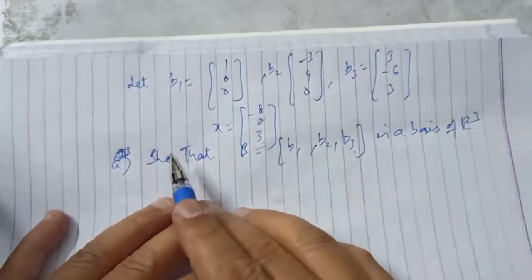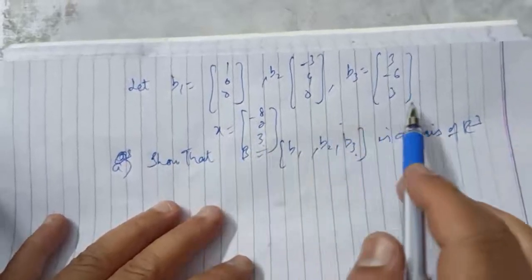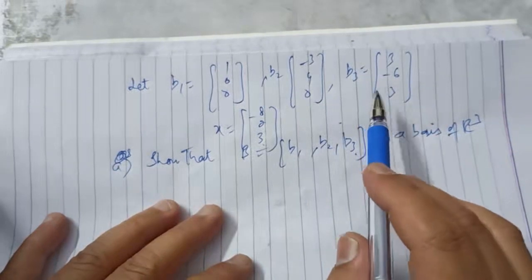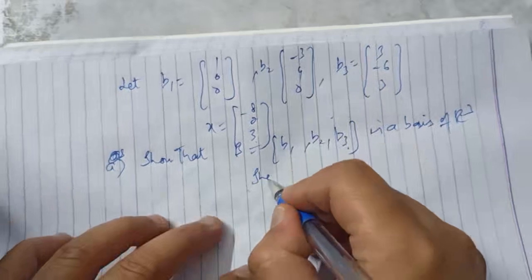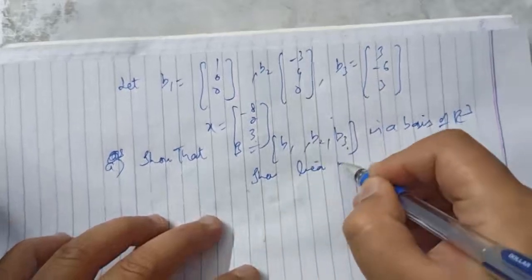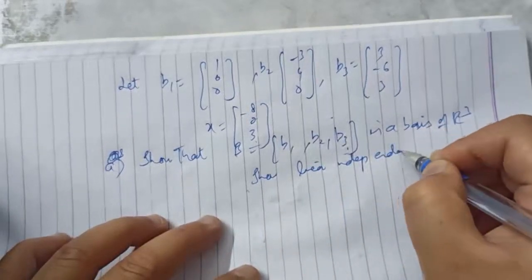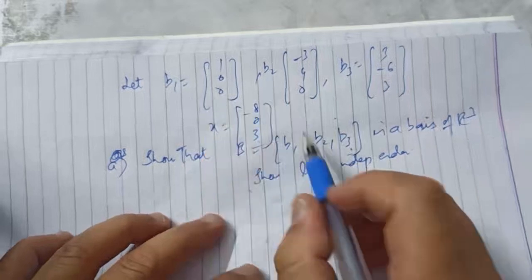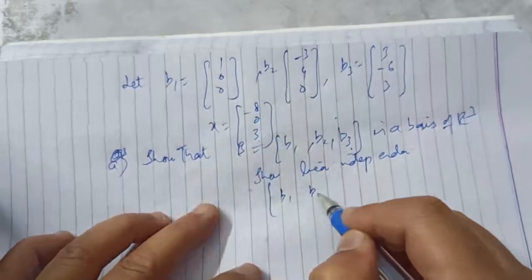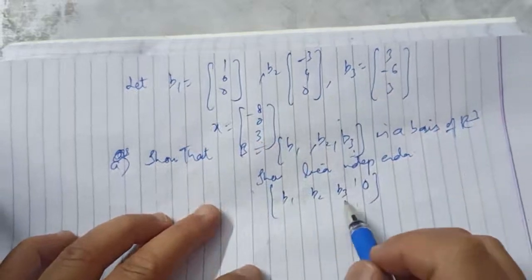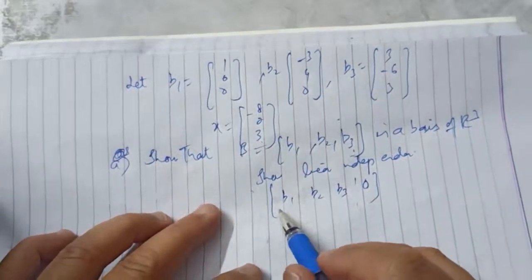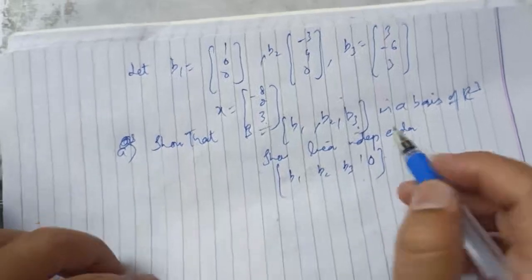For these vectors to be a basis, they have to be linearly independent, right? So what we have to show here is that they are linearly independent, which you can do by putting them in the form b1, b2, b3, and 0, and looking for some non-trivial solutions or free variables.